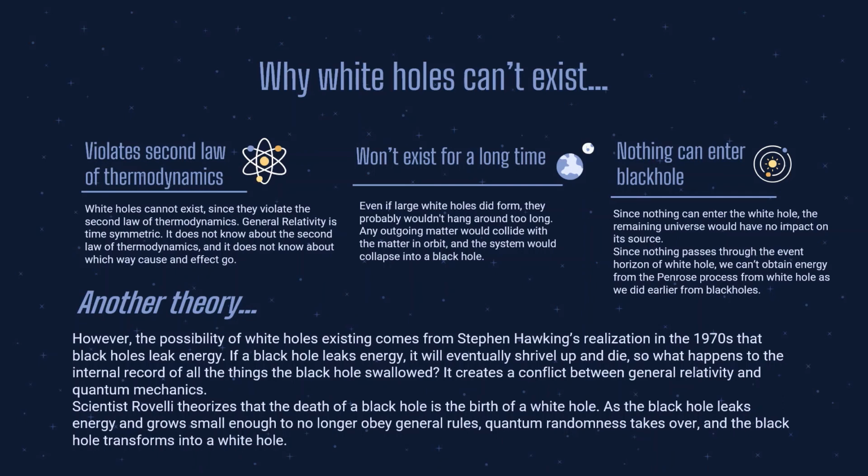It creates a conflict between general relativity and quantum mechanics. Scientist Rovelli theorizes that the death of a black hole is the birth of a white hole. As the black hole leaks energy and grows small enough to no longer obey general rules, quantum randomness takes over, and the black hole transforms into a white hole.